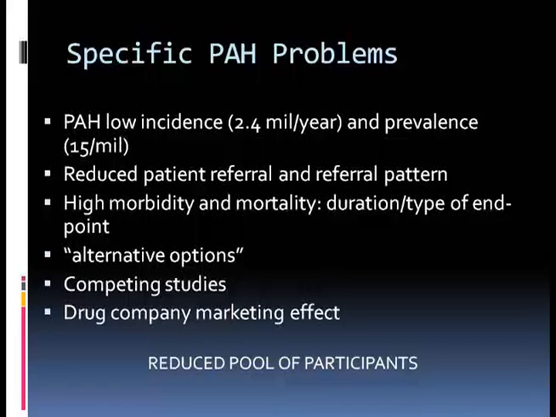The disease has high morbidity and high mortality. And that implies, as we discussed, the duration of the trial and the type of endpoint. We are trying now to change this paradigm of the 6-minute walk. We do include the 6-minute walk because the FDA likes it, and if you don't hit the 6-minute walk, they don't approve it. But what we're trying to do is change from a fixed duration of the trial to outcome-driven trials.